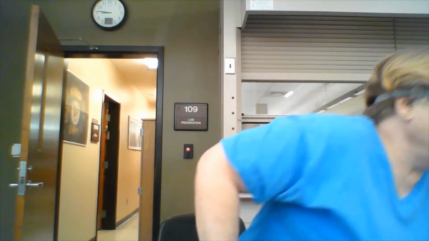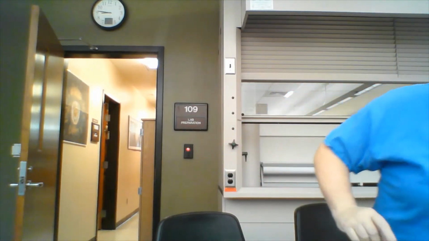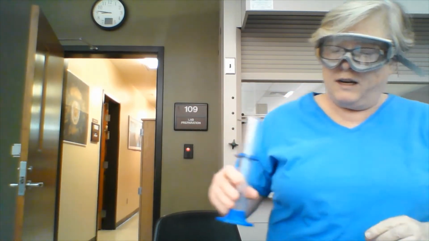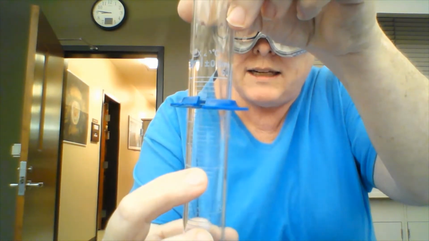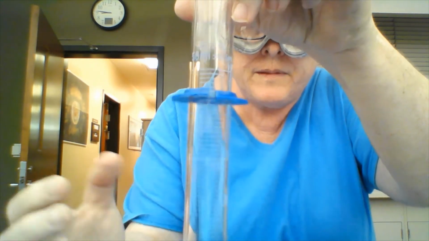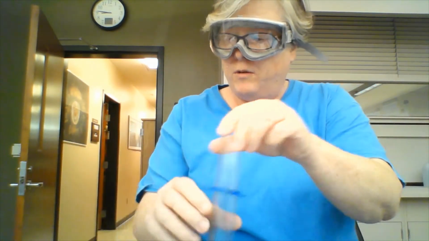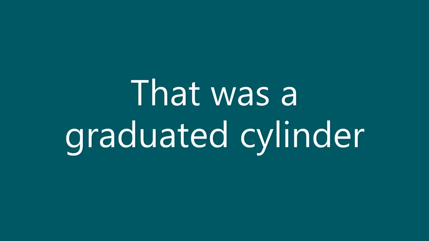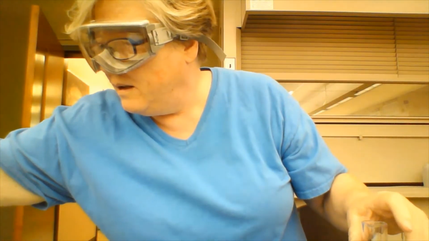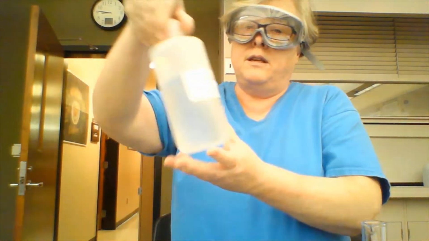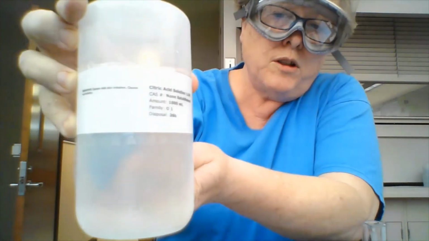So the first reaction we're going to do is take citric acid, and we're going to take 30 milliliters of that. So that's right here on this line. I don't know if you can see that very well. I'll take a picture of it. And we're going to use 1.5 molar citric acid.